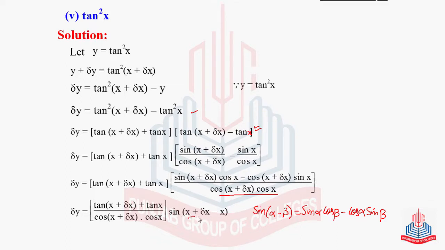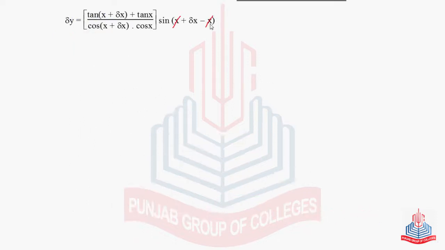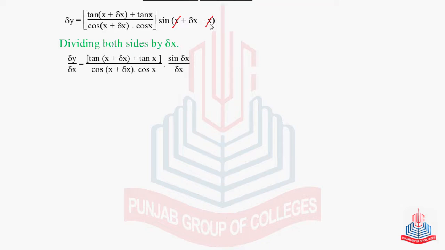Here x plus delta x is alpha and beta is x. So this is actually sin x plus delta x minus x. This x minus x will be cancelled out, and dividing both sides by delta x, that will become delta y by delta x, tan x plus delta x plus tan x over cos x plus delta x into cos x, and this is sin delta x, dividing by delta x here.